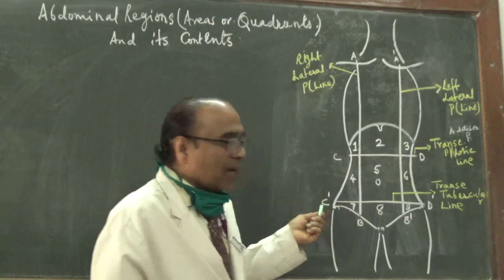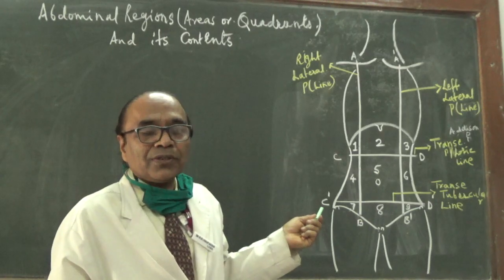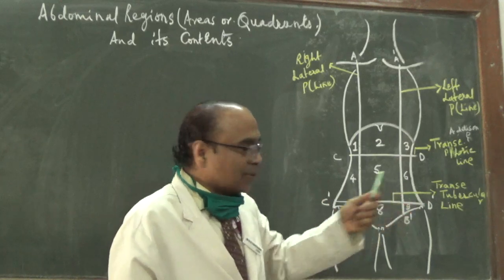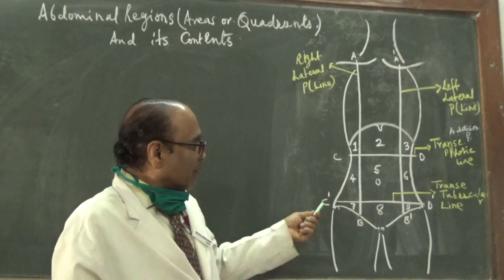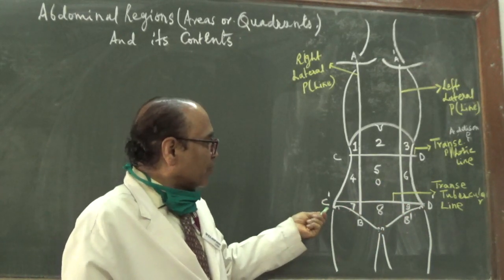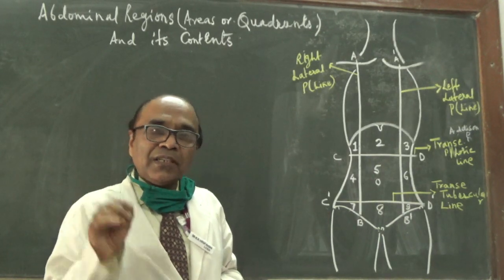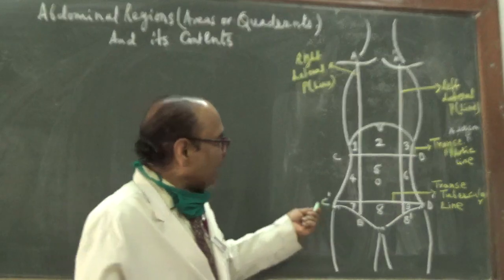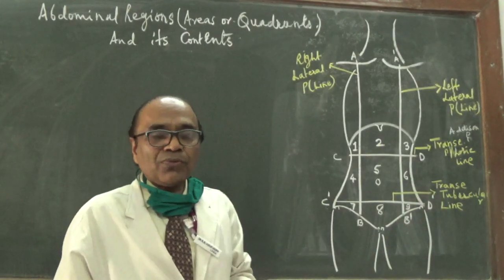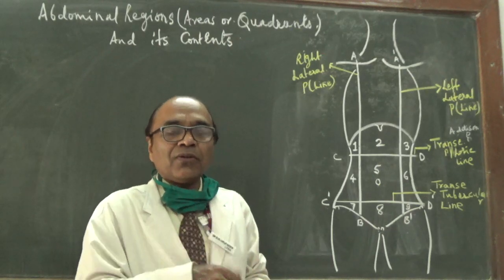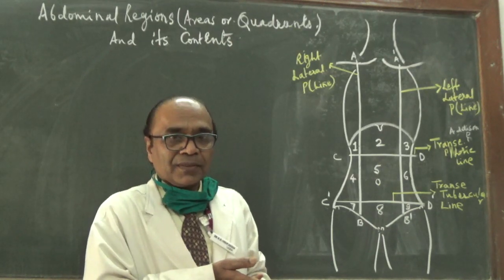Then you have another transverse or horizontal line. This horizontal line starts from the tubercle on the iliac crest of one side and passes transversely to the tubercle on the iliac crest of the other side.